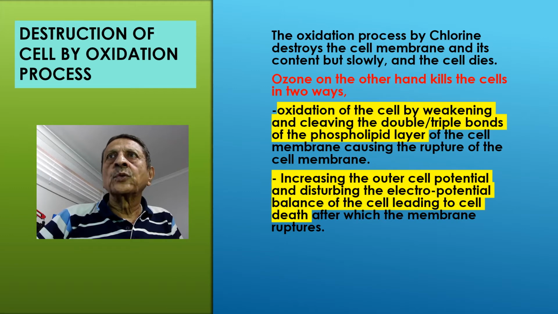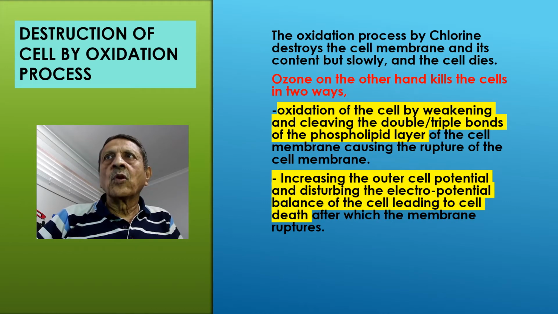Ozone, on the other hand, kills the cells in two ways. The first, because of this high oxidative capacity or high redox potential compared to chlorine, it has got a higher potential than the potential difference between the cell walls, and it causes the cell membrane to rupture, further increasing the outer cell potential and disturbing the electropotential balance of the cell, which will also lead to the instantaneous death of the cell, after which the membrane ruptures.